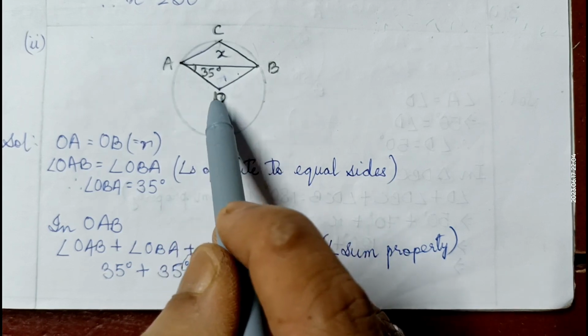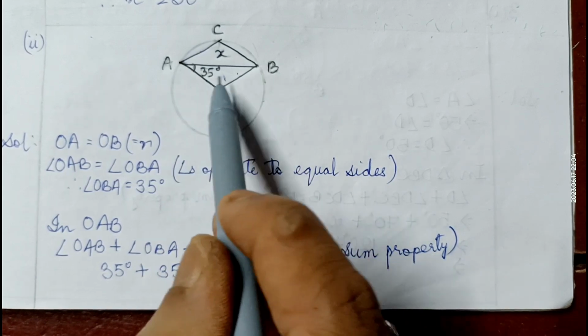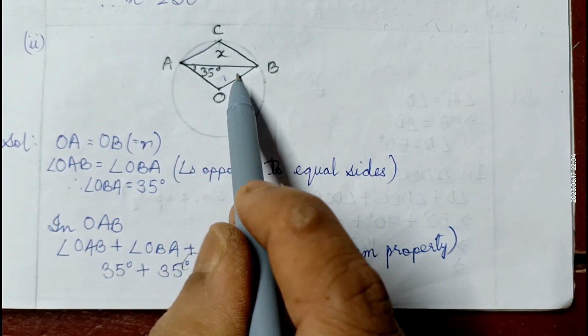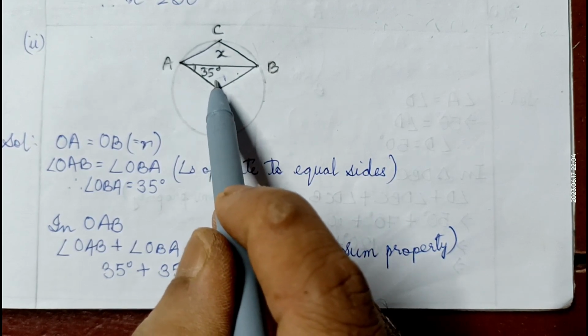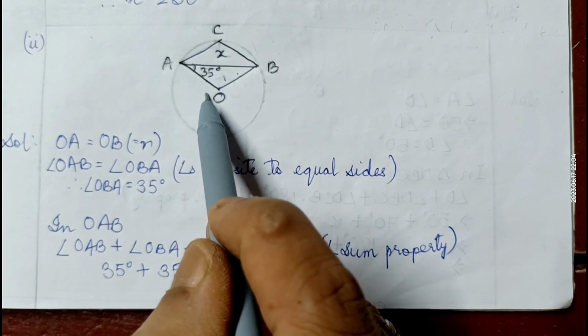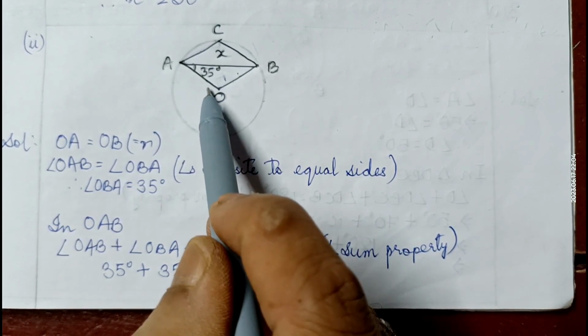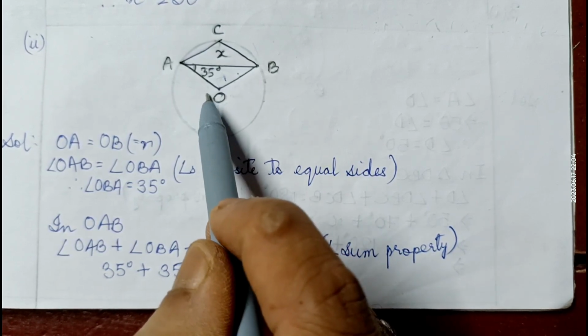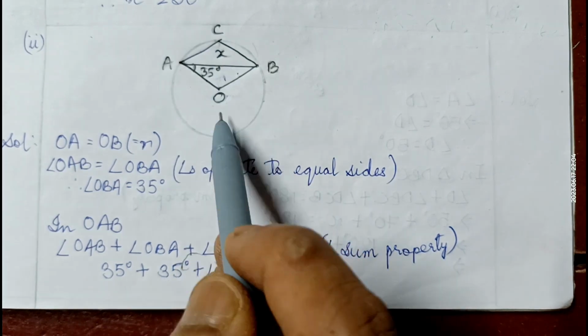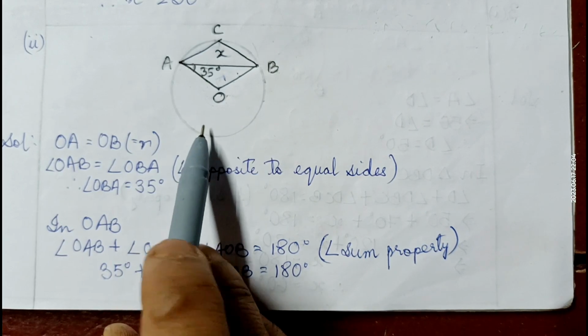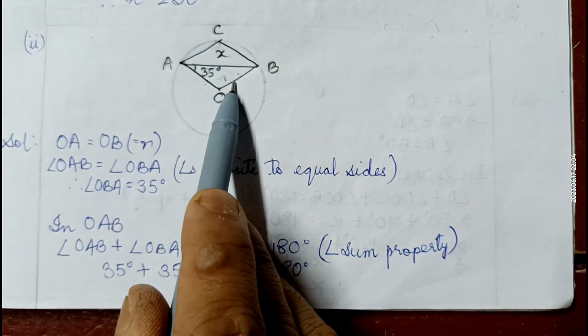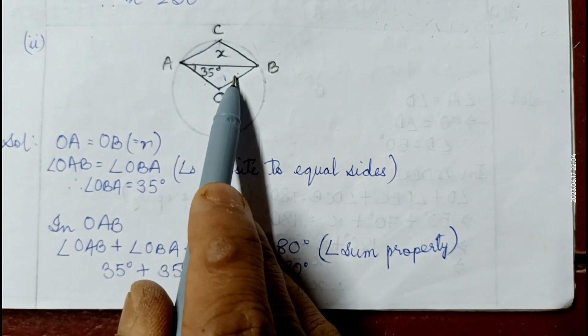Now in this triangle AOB, this is 35, this angle is also 35. We can calculate angle AOB. Once we know angle AOB, we can find the reflex AOB. And if we know reflex AOB, half of that angle will be x. So here we have written OA equals to OB, both are radii of the same circle. And we know when two sides are equal, their opposite angles are also equal.